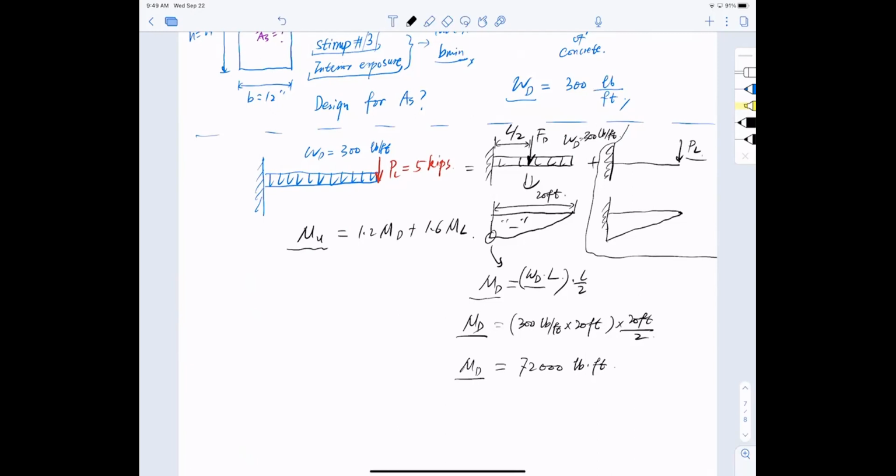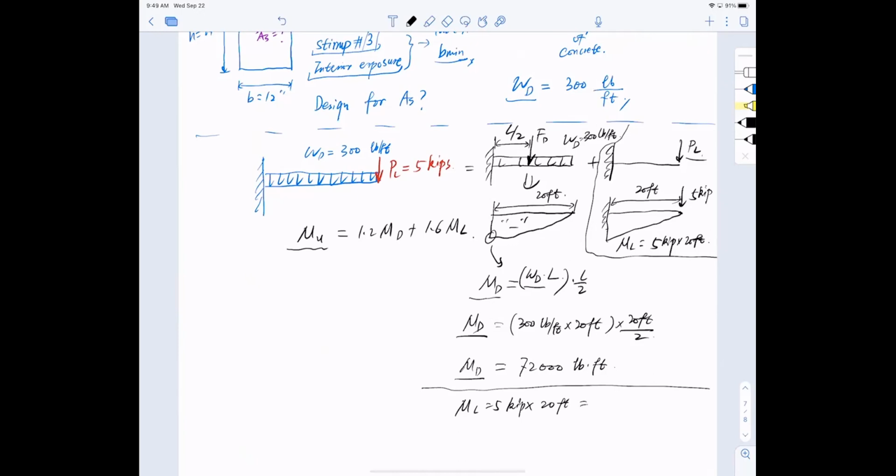Okay, now this is only the dead load. I'm looking at the live load here, right? This is 5 kip, and the distance is 20 feet. So live load is much easier. Live load is only 5 kip multiplied by 20 feet, and I can write it out directly, right? So live load is 5 kips multiplied by 20 feet.